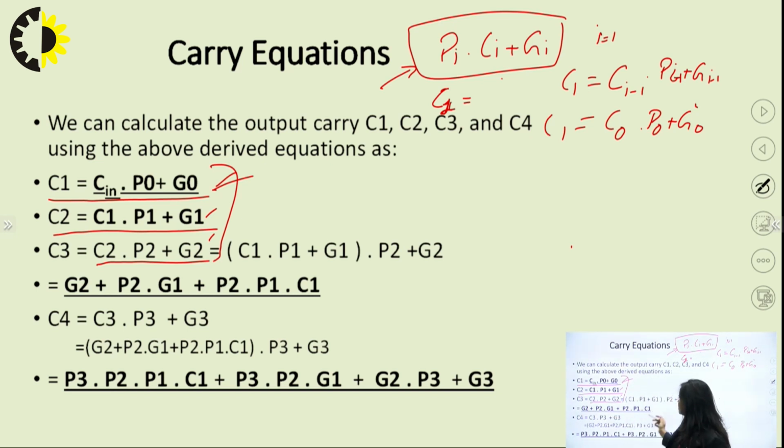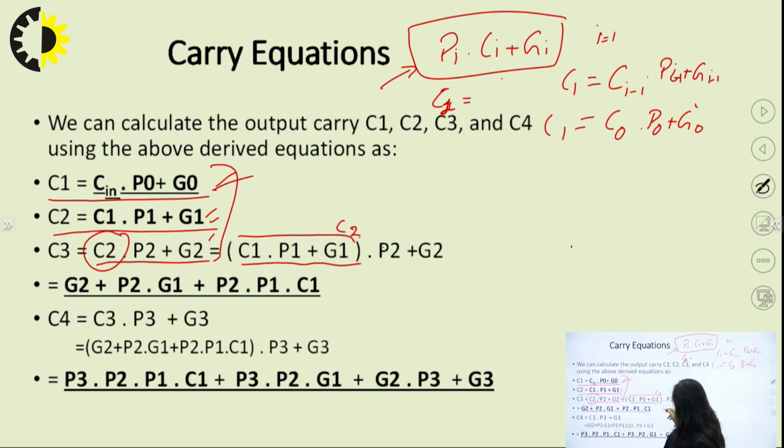Here I am elaborating all these values in detail. I am putting the complete value of C2 in the equation. So I have C1 dot P1 plus G1, which is nothing but C2. It means C2 dot P2 plus G2.